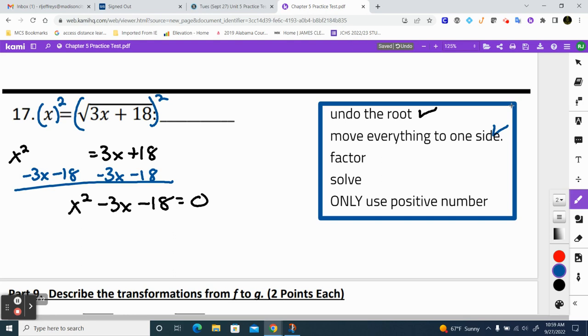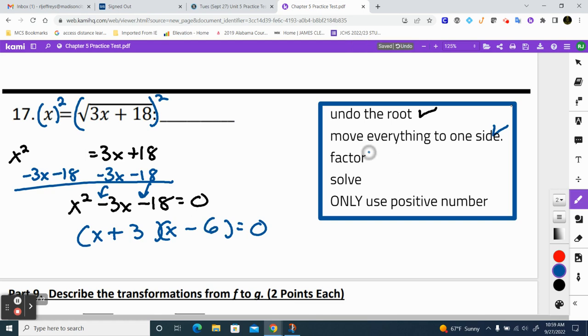Now we factor. This tells us our signs are different. This tells us our bigger number is negative. What two numbers, when we multiply them, we get negative 18, but when we combine them, we get negative 3? Yep, 6 and 3. The bigger number was negative.